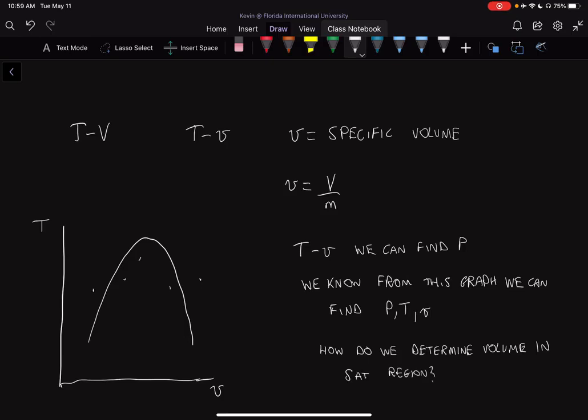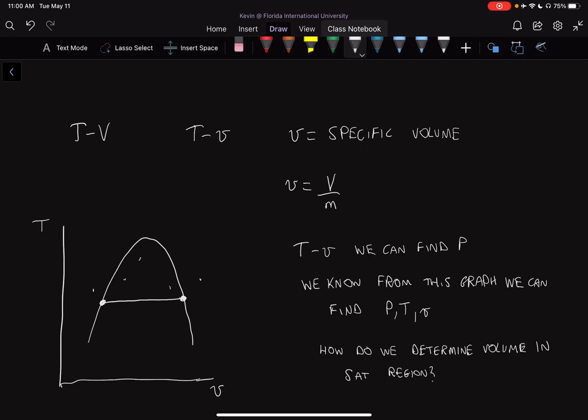So inside the saturated region, remember, let's say we have a certain pressure that's going to be constant because we're saturated. We have this line that goes through the saturated region at different pressures, right? So we have this line, and a line above and below for the different pressures.